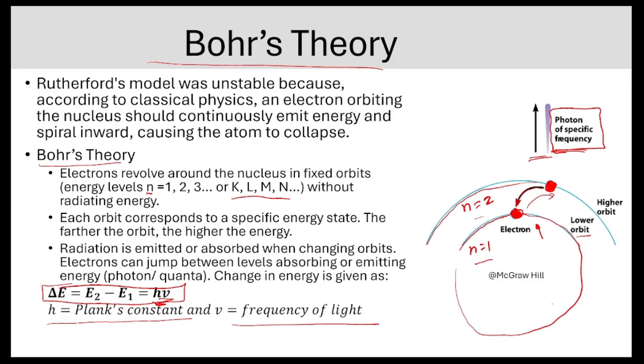And this model, Bohr's theory, successfully explained the emission spectrum of hydrogen, the spectrum we talk about in the light chapter. Bohr's theory was successful in explaining this emission spectrum of hydrogen.